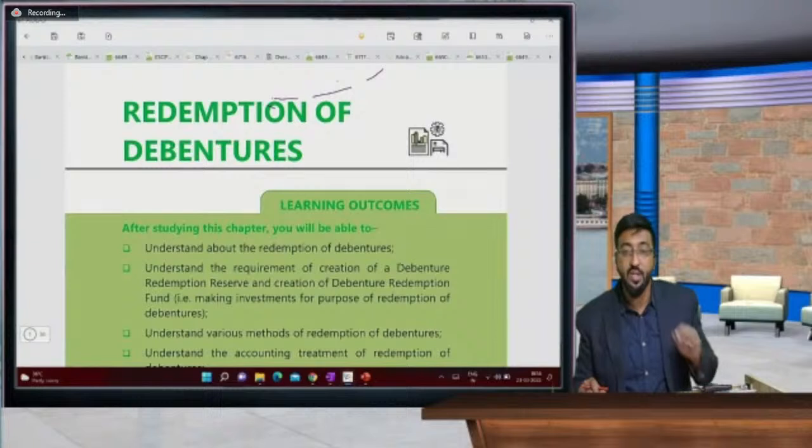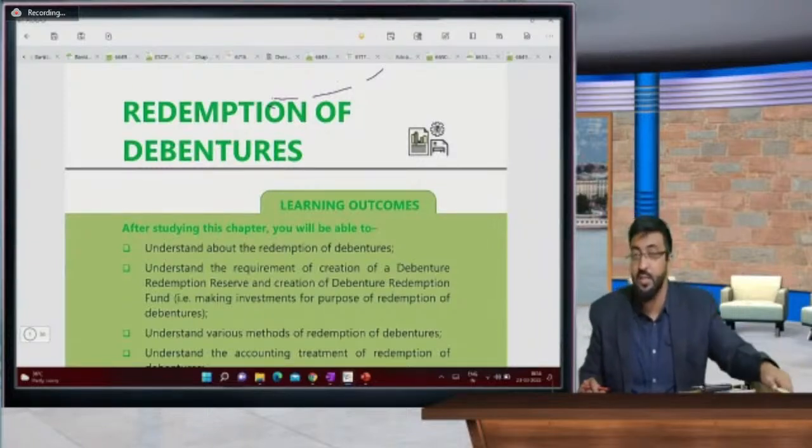Redemption of debentures. So understand, this chapter is similar to redemption of preference shares, but here is one important difference between debentures and preference shares.